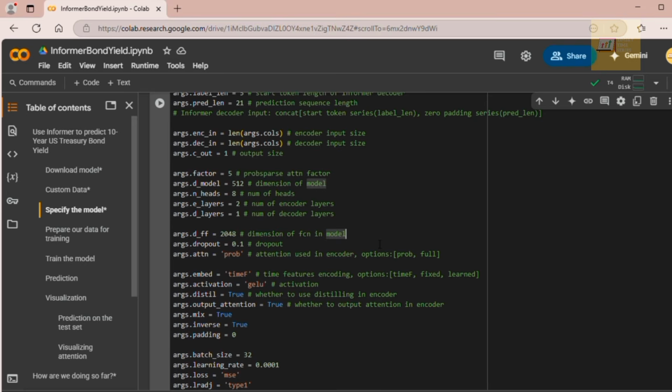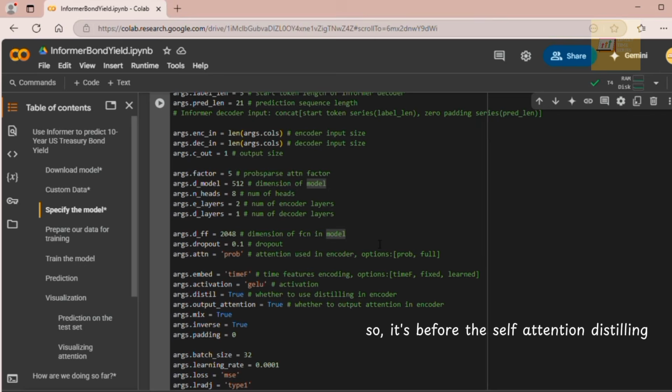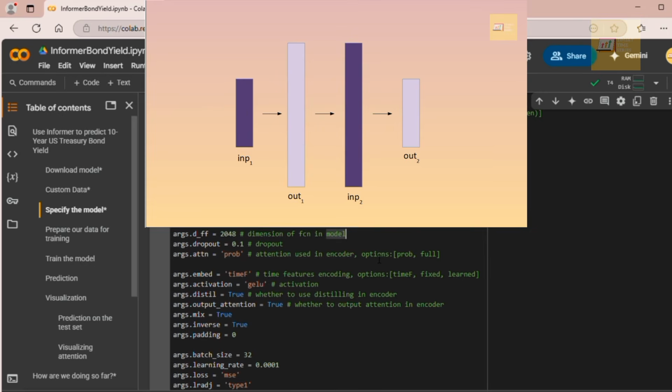Alright, I didn't talk about this in the theory section, but in the ProbSparse self-attention block, it's not only attention that lies in that part, but there's also the feed-forward network. So after the ProbSparse self-attention, we do a feed-forward network. And with the feed-forward network, it's actually putting 2 layers, it's just that the dimensions are different for both layers.